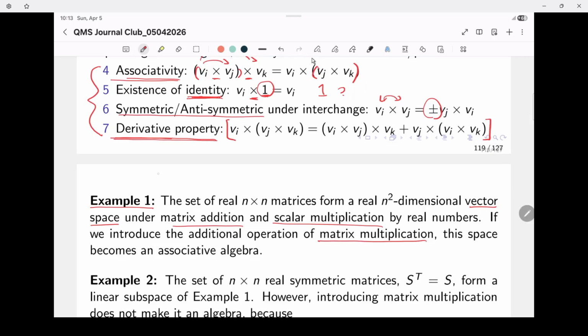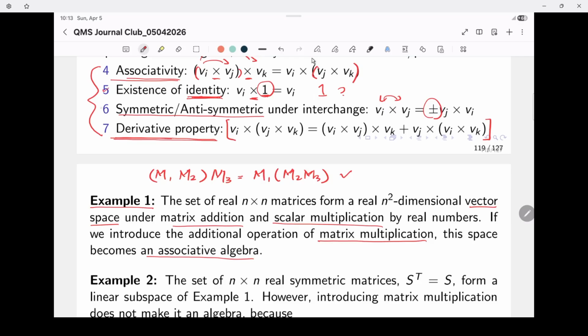So let's say you have two matrices. Usually we just write M1, M2 if they are matrices. The way they multiply, we know that this is associative, right? With the way we understand how matrix multiplication works, we know that this is true. So that's why this is an associative algebra.